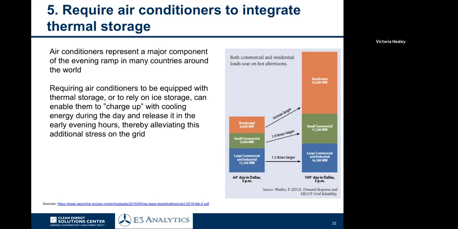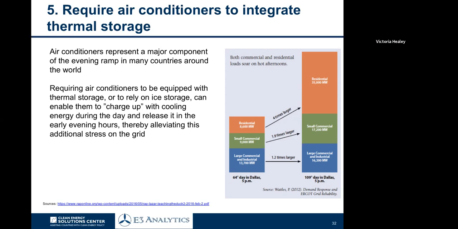You can see here that although this matters in the commercial sector and in the industrial sector, with air conditioning loads growing here on the far right, the major driver here is the residential sector. And again, this is mostly late afternoon, early evening when people come home. And this is a challenge across almost every emerging market in the world, from Bangalore and Mumbai in India, to major cities in China, to Manila, Lagos.